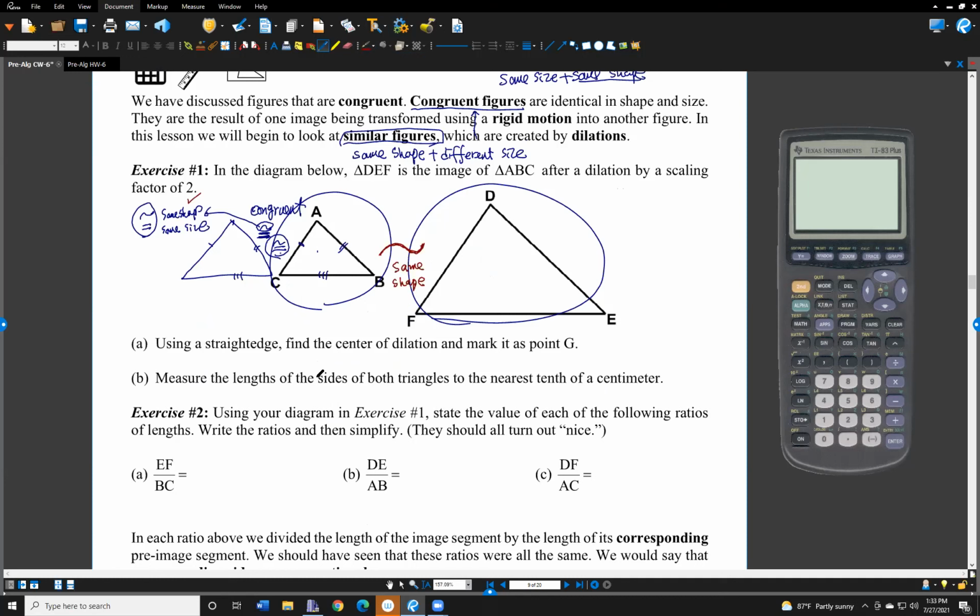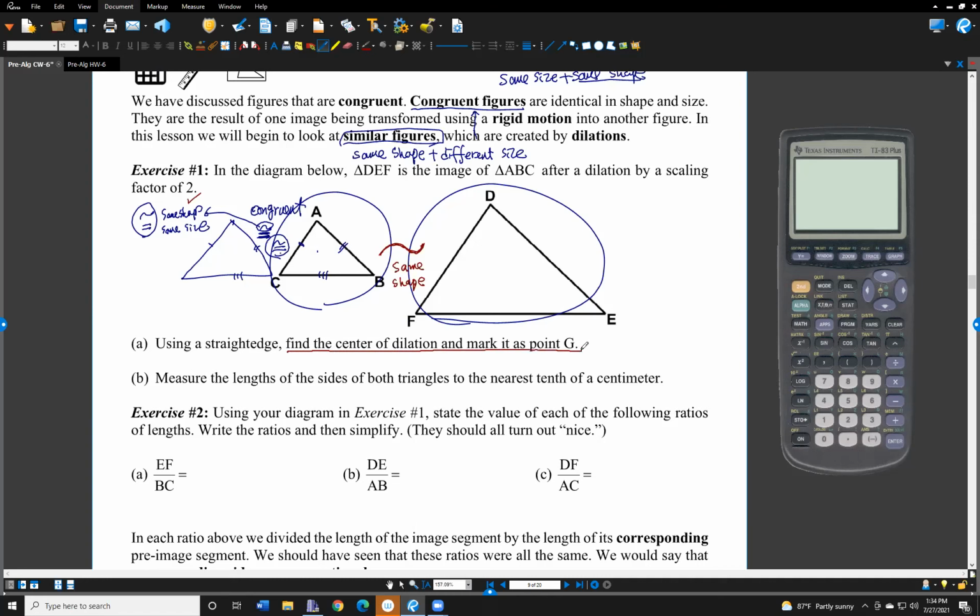Okay. Find the center of dilation and mark it as point G. How can you find the center of dilation?